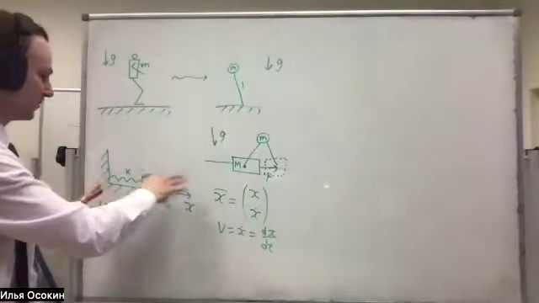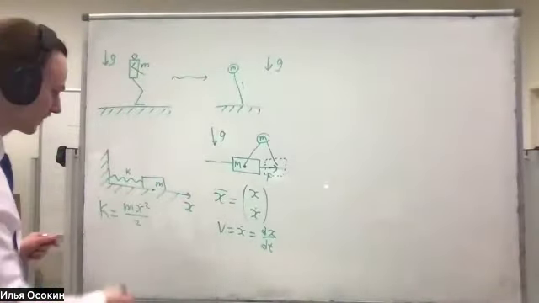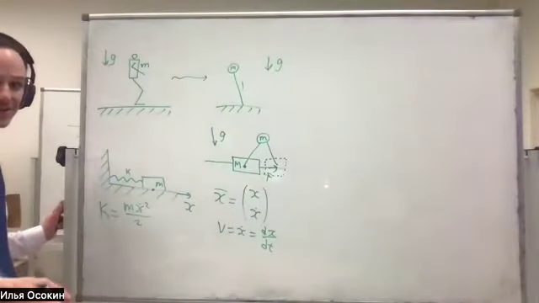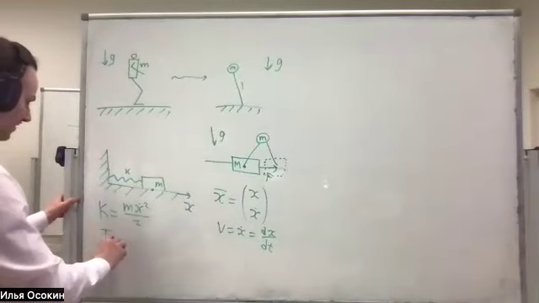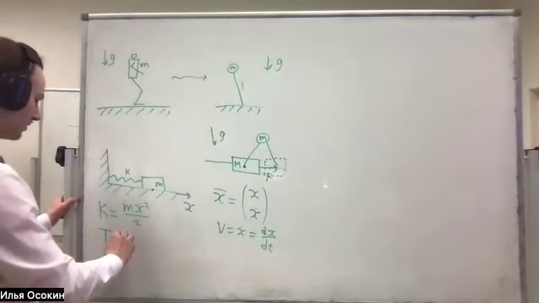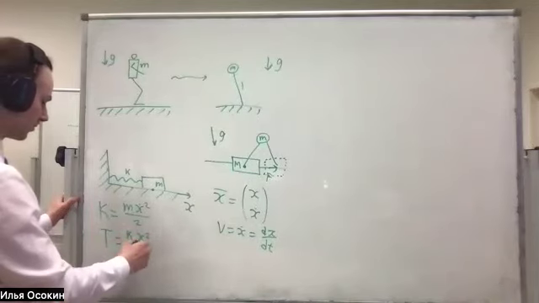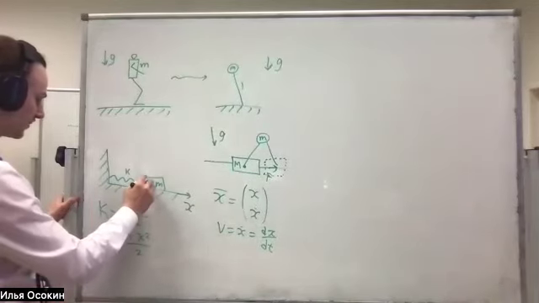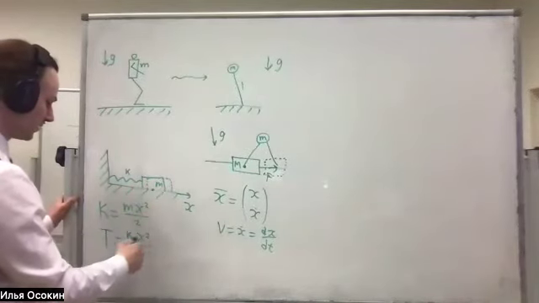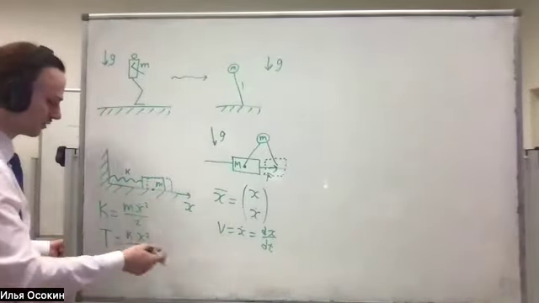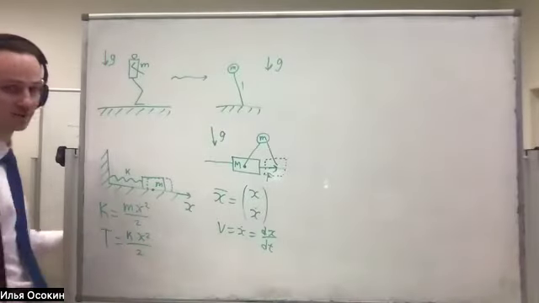I can really move my system of coordinates anywhere, there's no problem with that, but the equations will look nicer. So the potential energy, that is traditionally denoted by T for some reason, will be k x squared over 2, where x is just the displacement relative to the 0 position. This is just a normal spring with Hooke's law, and this is the kinetic energy.